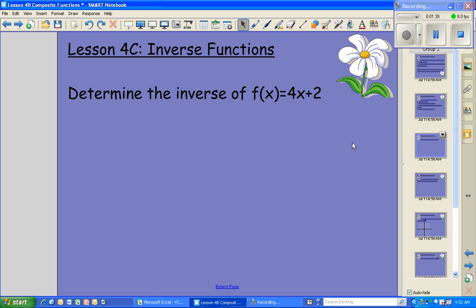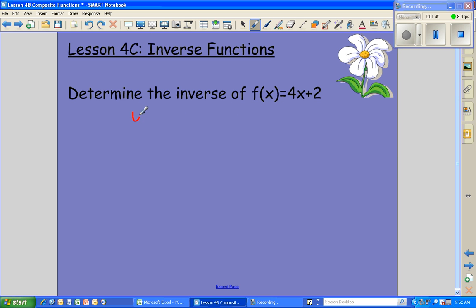All right, so if you think about our steps again, step 1 was to rename f of x as y, so this becomes y equals 4x plus 2. Our next step was to switch the places of the x and the y, so every y is going to become x, and every x becomes y. And then what we need to do is get the new y by itself.